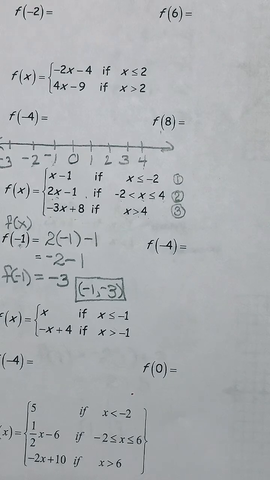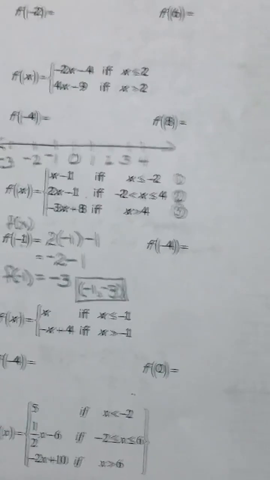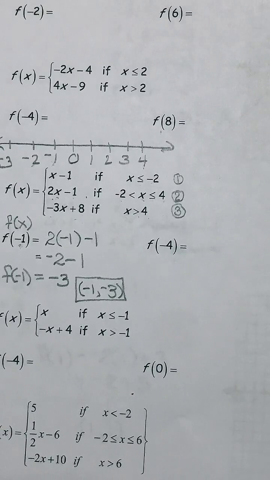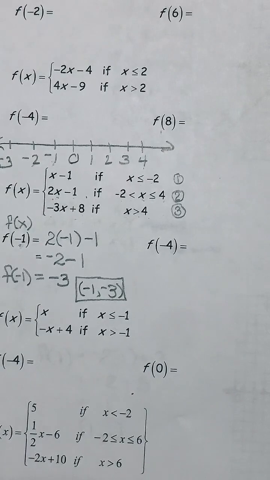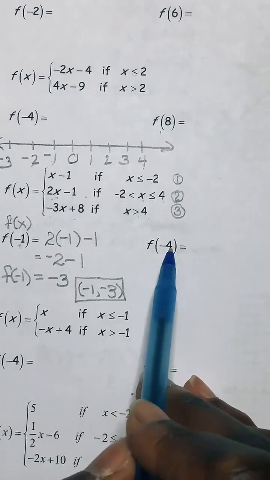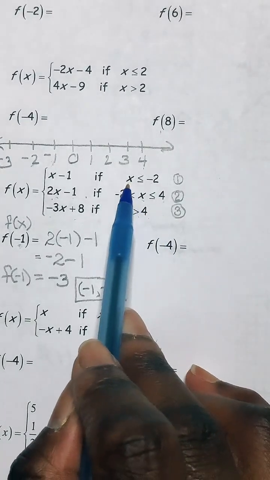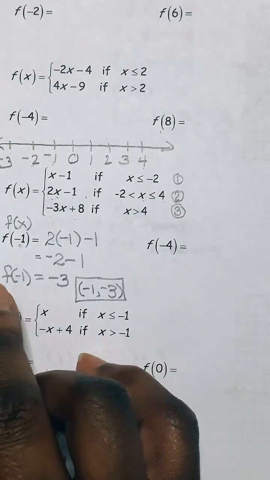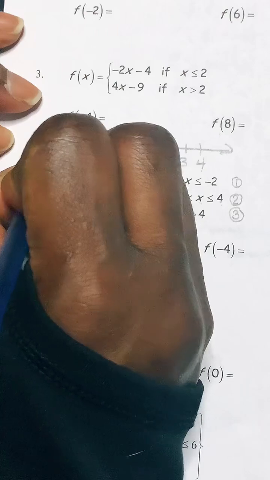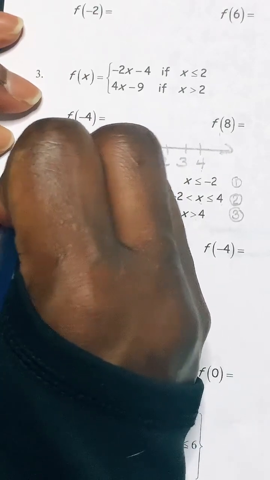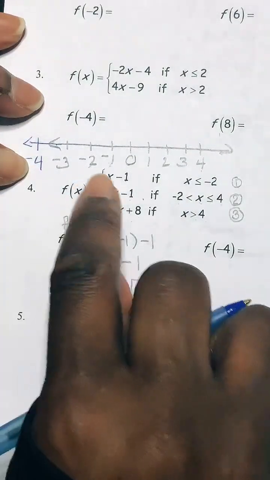All right, so definitely 1. So -4 is less than or equal to -2. Just like Mar said, -4 is down here. If I extend the number line out, -4 is right here and -2 is here.